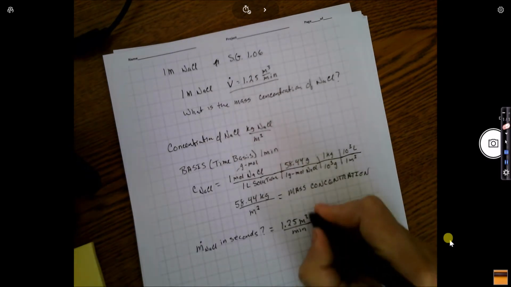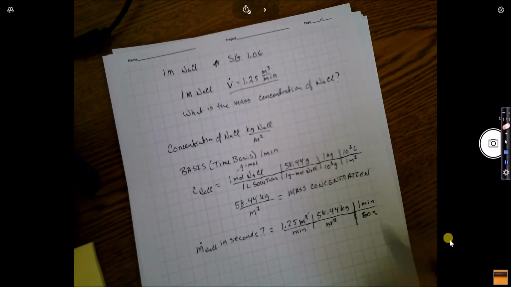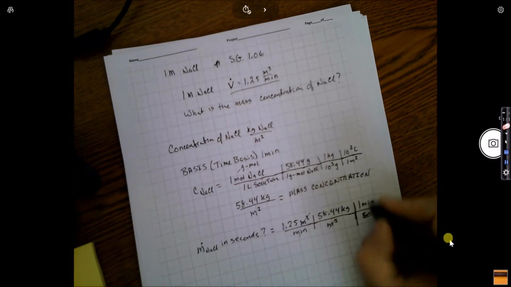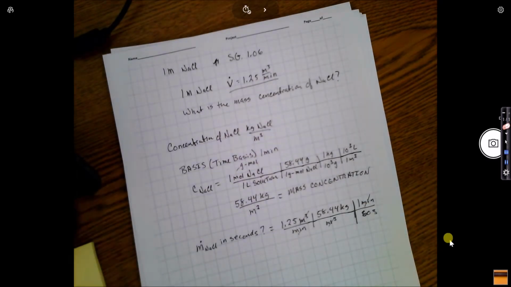Let's check. Meters cubed cancels. Minutes cancels because we want to know it in seconds. So we're going to end up with mass per second. So yes, we will get a mass flow rate if we plug and chug with our handy dandy calculator: 1.25 times 58.44 divided by 60.